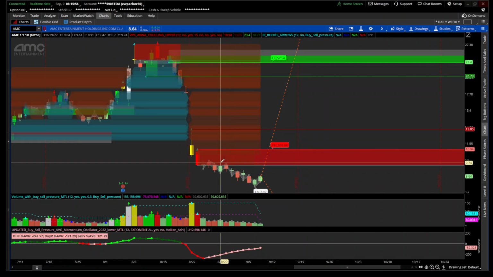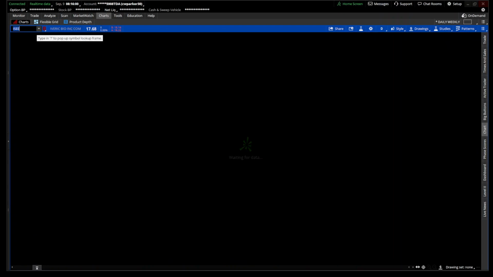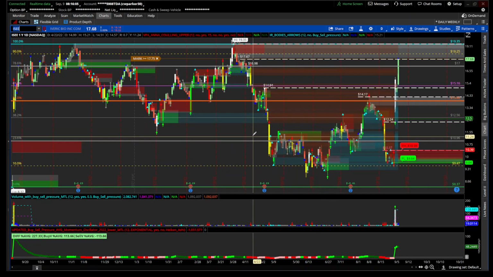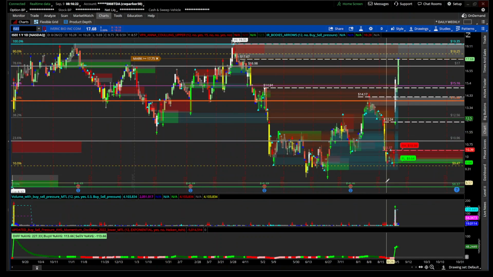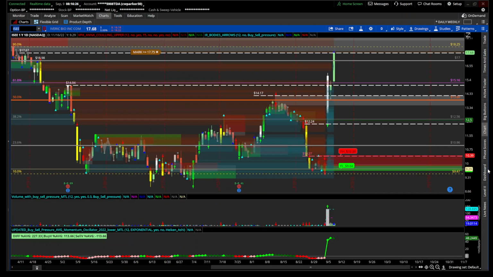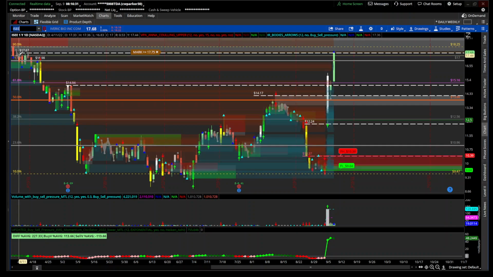But one of the other things I wanted to show you, and this is not me spreading FUD or down in this stock, is that you can look at this and see the Wyckoff pattern right here.